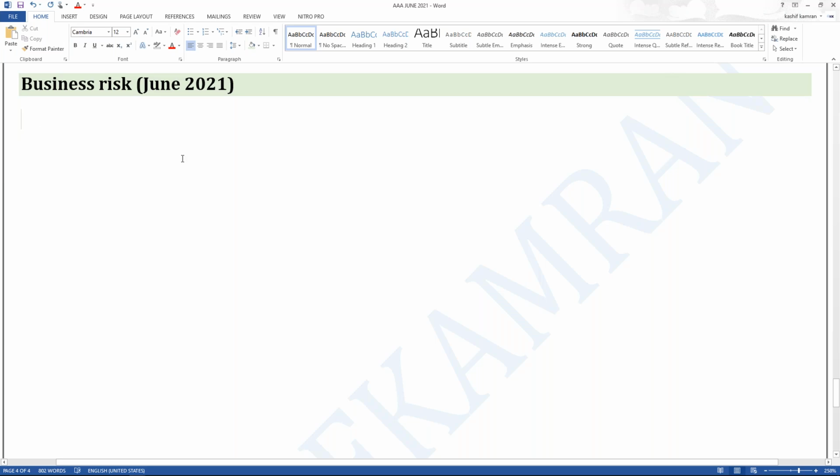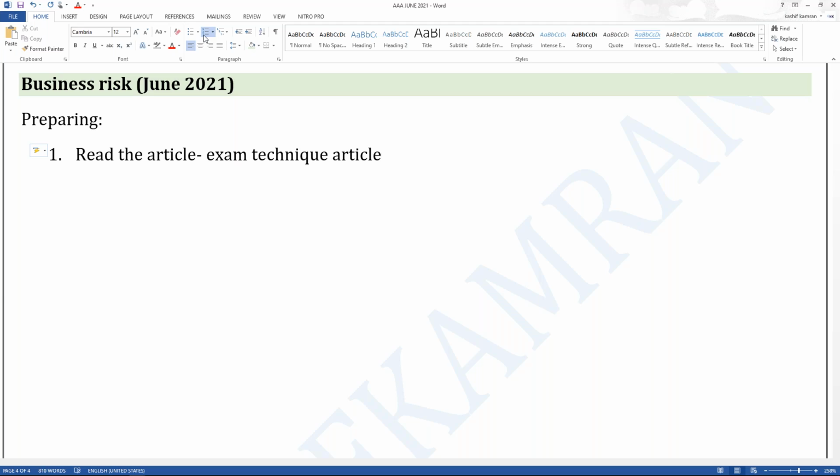Now, first of all, when you're preparing for business risk, how would you go about preparing? Number one, you need to read the article, exam technique article, part 2, risk.